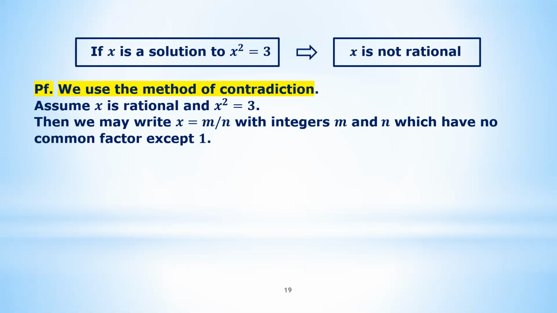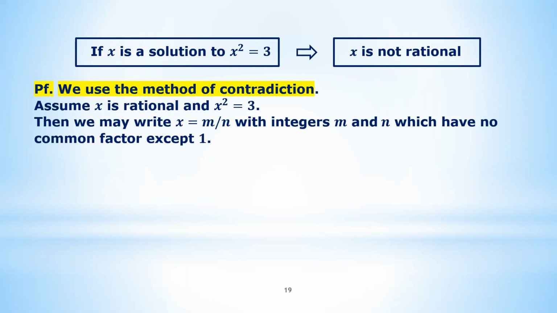So we're using this fraction to express this x. Now we're assuming that x is rational, and because of this, x is equal to m over n for two integers without common factors except 1, okay? Then from here, I'm trying to derive a contradiction.